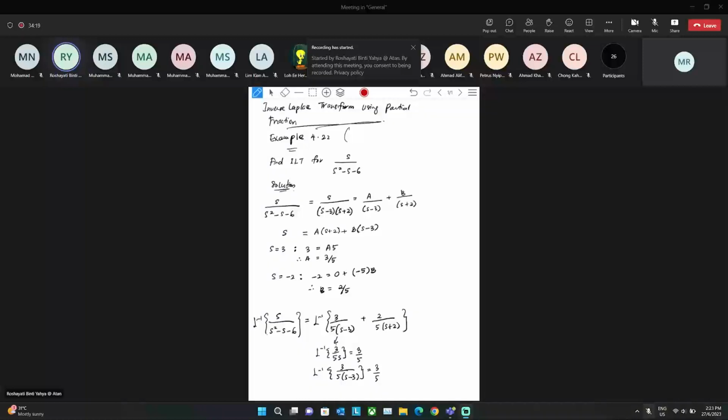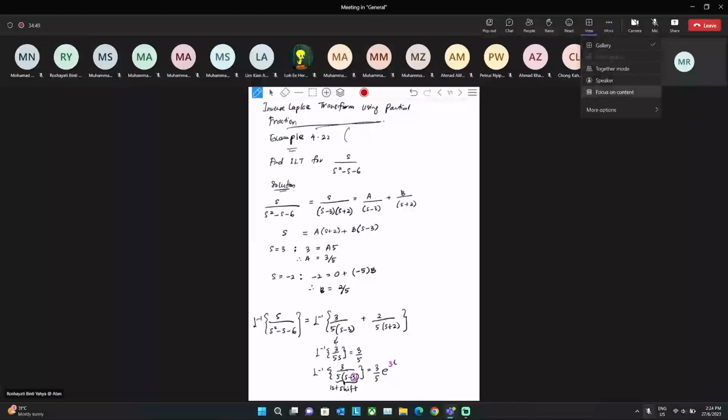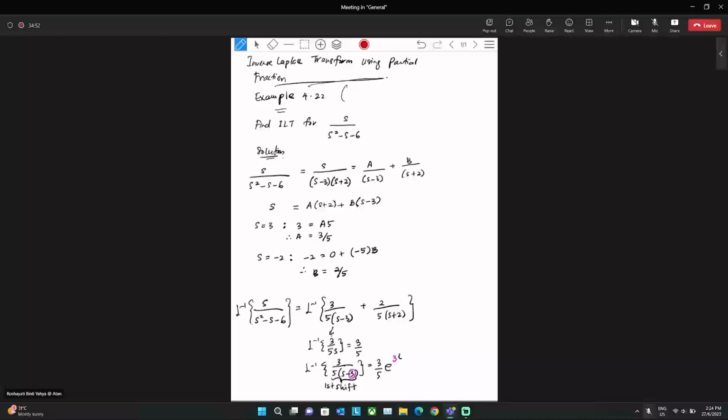By using the first shift property, we just add the exponential. Your a equals 3, so exponential 3t.